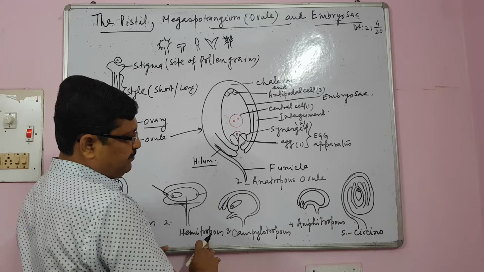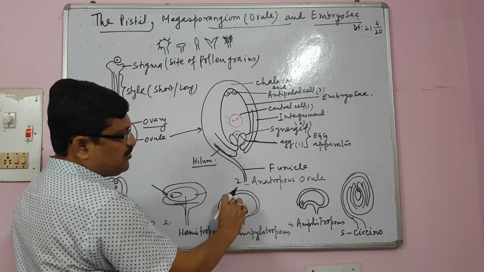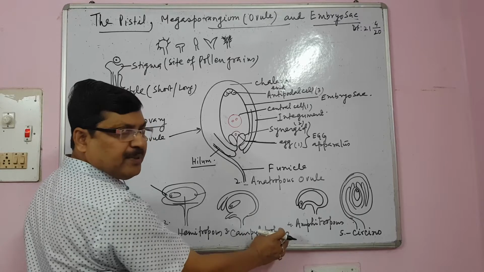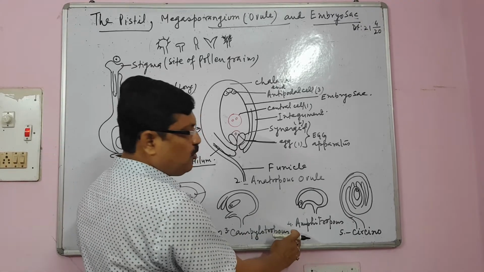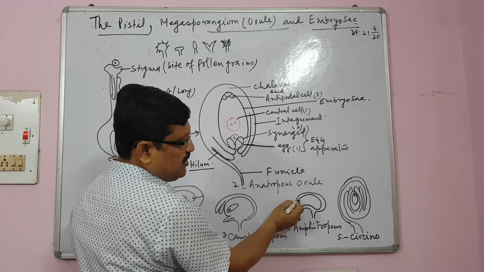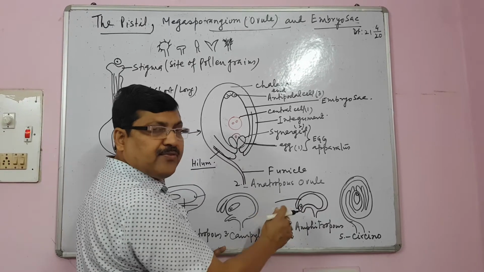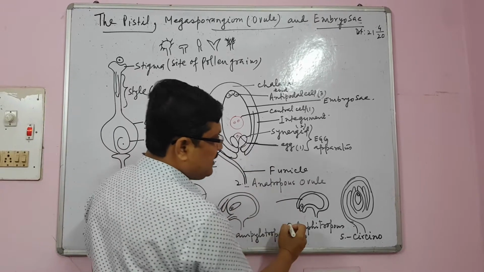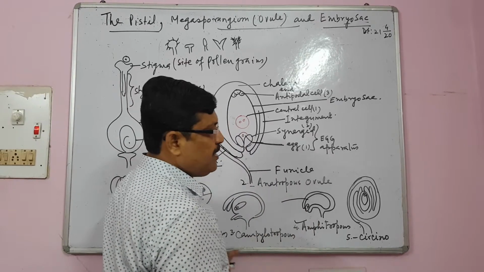When the ovule becomes curved, this is the campylotropous. When the shape of the ovule, or mainly embryo sac, looks horseshoe shaped, that is the amphitropous.